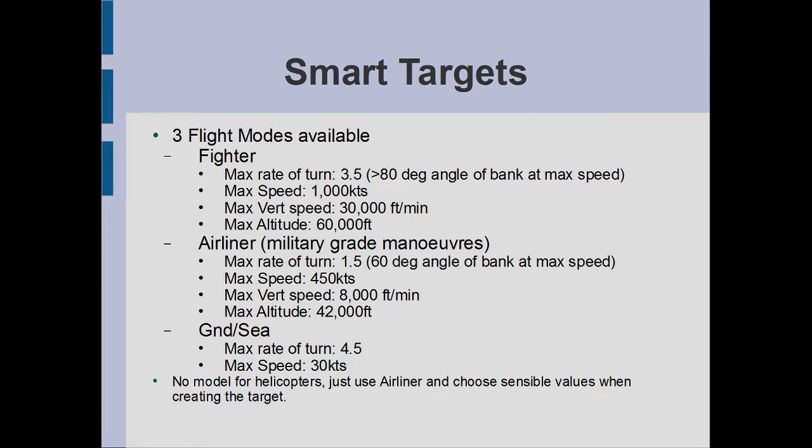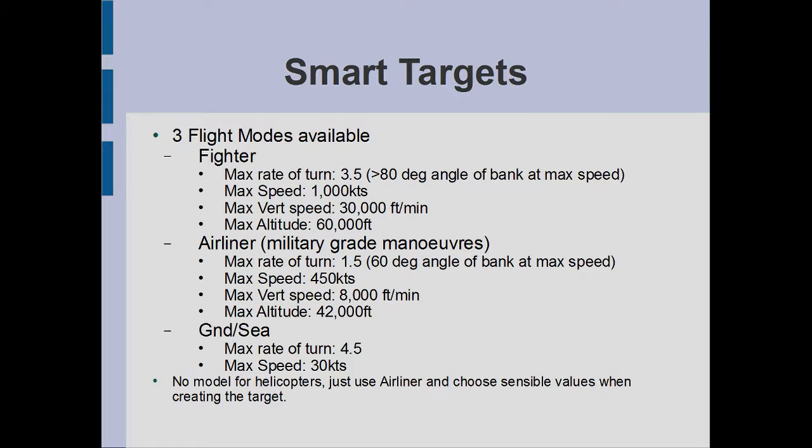With smart targets, there are three flight modes available: a fighter, an airliner, and a ground or sea target. You can see the characteristics of each type there. Basically, they have a range of speed and turn capabilities and vertical speed capabilities that can be used when you're creating a target.